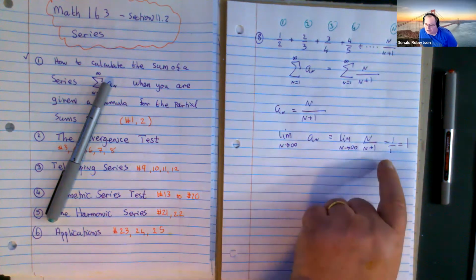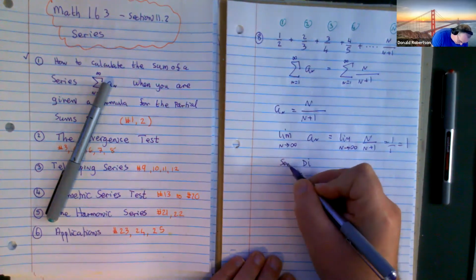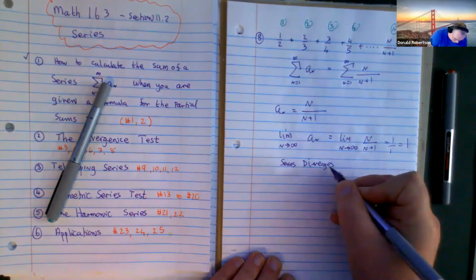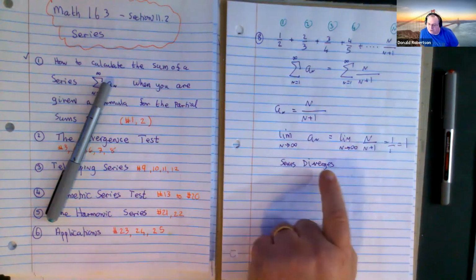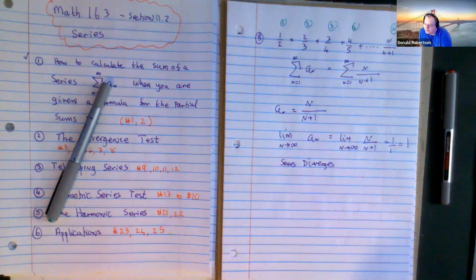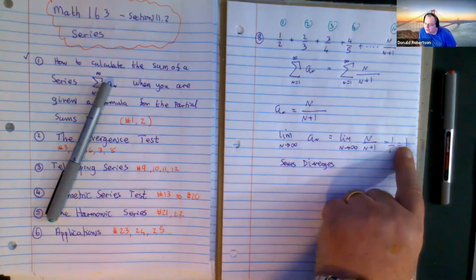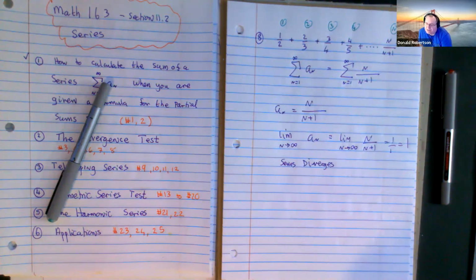Now, since the limit of that is not 0, that means the series diverges. So if the limit of the individual terms is a number that's not 0, the series diverges. That's essentially the divergence test in a nutshell. If the limit is 0, then you're going to say inconclusive.